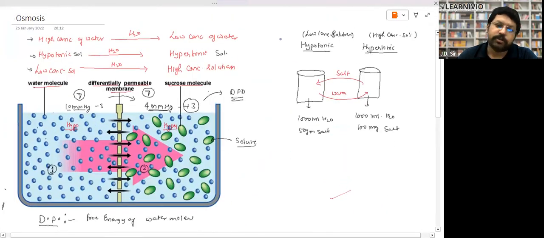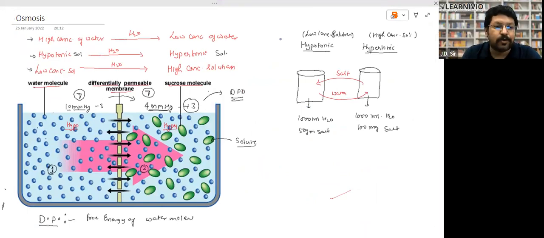Osmosis is a very simple concept, but it's a very confusing kind of concept, right? So let's remove the confusion from here. Try to understand first. Focus on the PPT.